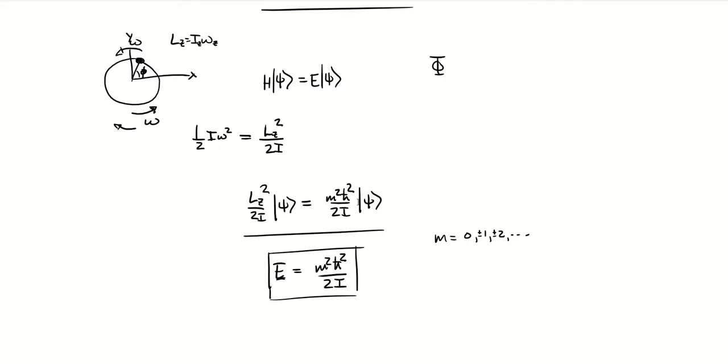So what we've shown is that these azimuthal eigenstates that we've derived are energy eigenstates as well, right? The Hamiltonian commutes with our LZ operator, so they share eigenstates.